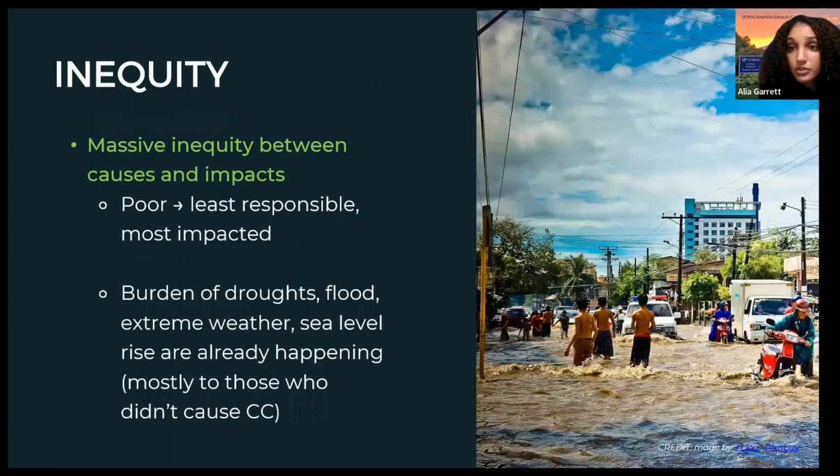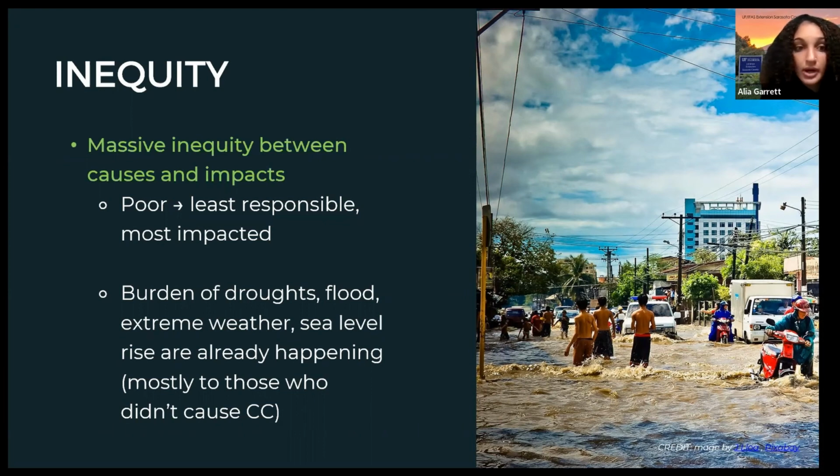So inequity, we're going to talk about this a lot today. Equity is very important and infused in everything that we do and in every solution that regeneration has. But mainly there's massive inequity between the causes and the impacts. So the poor are often the least responsible, but the most impacted.